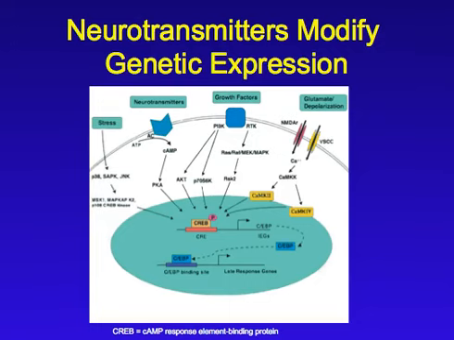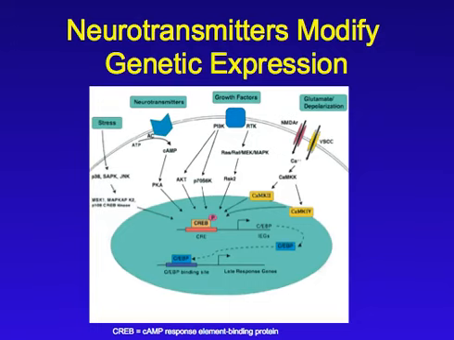Let's take a look at how neurotransmitters modify genetic expression. So let's look here. Neurotransmitters bind to a receptor. ATP comes along, gets dephosphorylated, and we get cyclic AMP. Cyclic AMP prods the protein kinase to go down to the nucleus and bind to the cyclic AMP response element binding protein, CREB. The protein kinase phosphorylates that CREB, making it into a transcription factor.